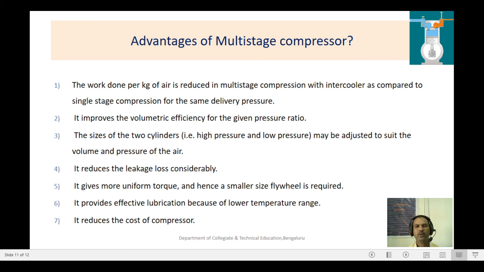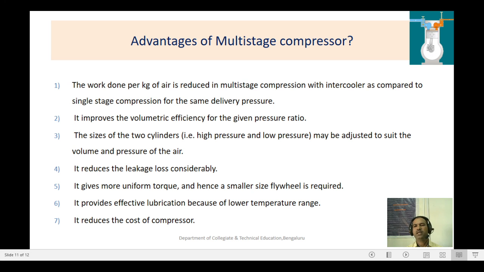Yes, it is very important. In a single stage cylinder, due to the increase in temperature, the cylinder head can be damaged, and there is also leakage of the lubricating oil. To avoid that, we adopt the multi-stage compressor. A multi-stage compressor reduces the leakage loss compared to the single stage, we can also maintain a uniform torque, and the cost of the compressor is also reduced.